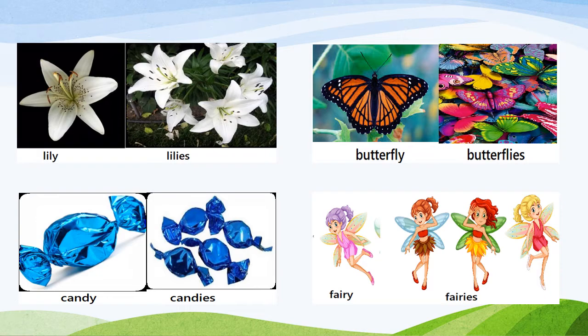See here, what is this? Fairy. Now fairy ends with Y and the letter before Y is R, which is a consonant. So drop Y and add IES to make it plural, which becomes fairies.